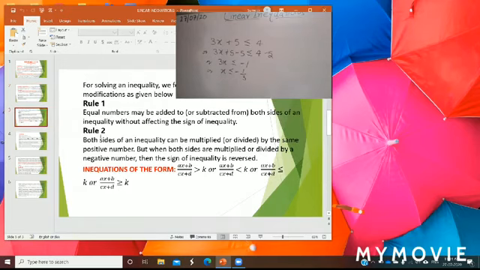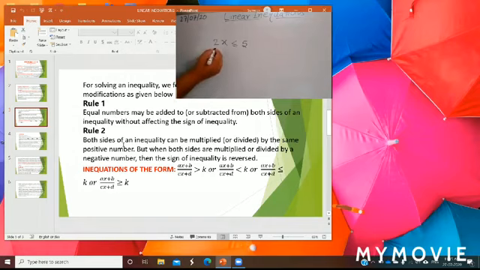So let us think about that type of result with the help of an example. If you multiply any inequality by a negative number, suppose I am given here 2x is less than or equal to 5. Understand?